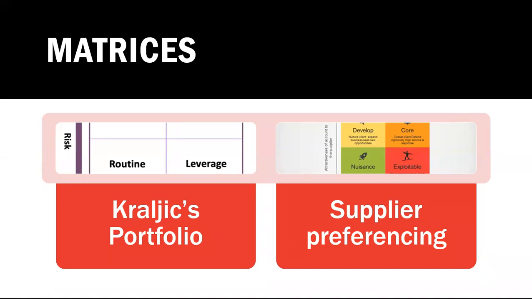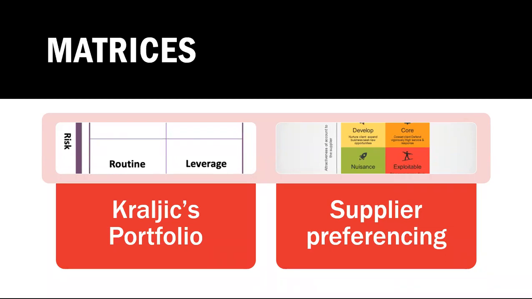In the portfolio matrix, we have 4 quadrants: routine, leverage, bottleneck, and strategic. They help us categorize the items we purchase, and for each quadrant we have different methods to manage.